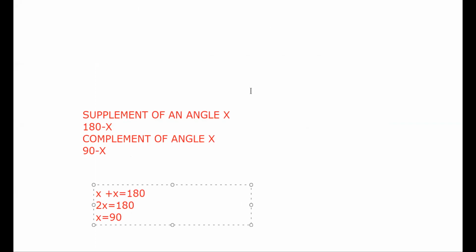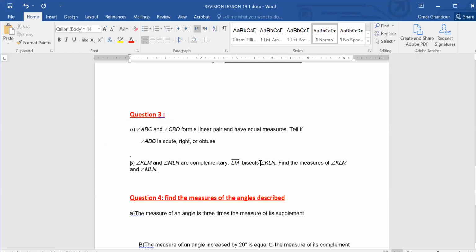So when they form a linear pair and their angles are equal, it means that one angle is a right angle. Tell if angle ABC, which is one of them, is an acute angle. It was 90 degrees. Is 90 degrees an acute angle? Acute means less than 90 degrees, so it's not acute. Is it obtuse? Obtuse means bigger than 90 degrees. So again, it's not. It is going to be a right angle. So my answer is right angle.